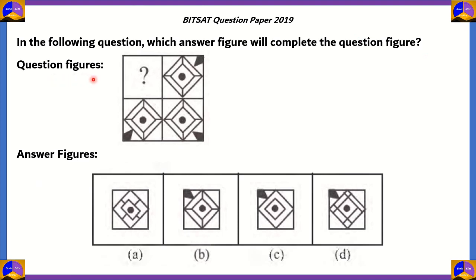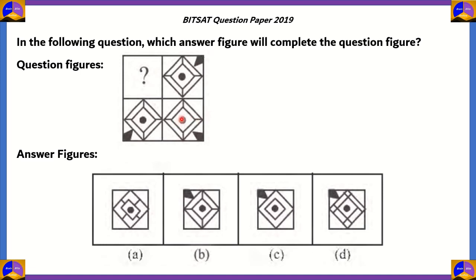The question figures are blank on the top left corner, and the other corners contain a square along with a black diamond. Now we need to find out which of these answer figures will correctly be placed at the top left corner. Now let's look at each square here. In each tile, we have two squares which are connected by straight lines at their vertices.